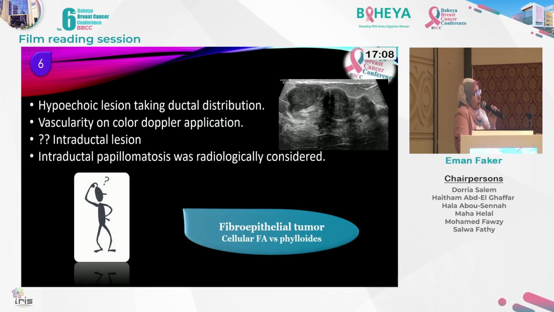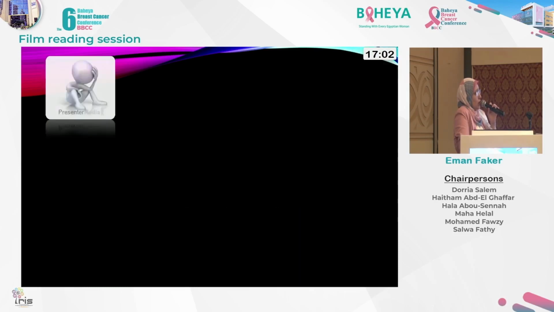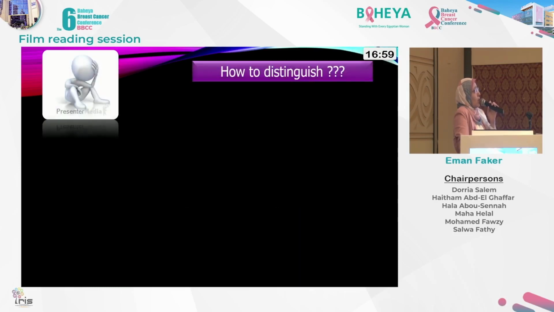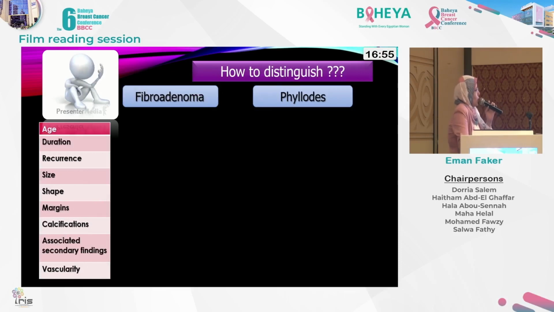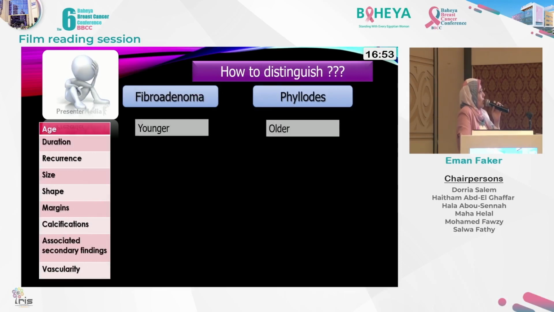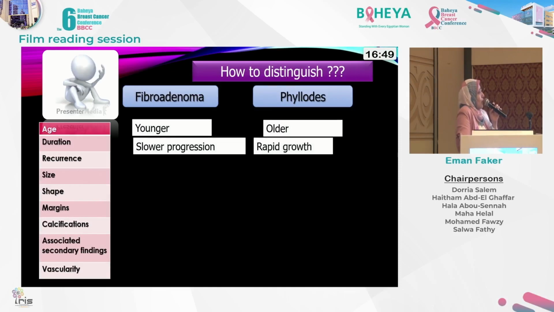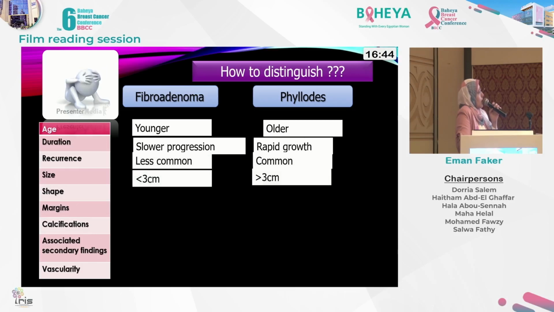This was the report. So here we come to a point: how can I differentiate fibroadenoma from phyllodes radiologically? This is an important issue that we should take care of. There are certain points we should know regarding phyllodes. It's more common in older age. Recurrence is more common in phyllodes. Size is larger in phyllodes.